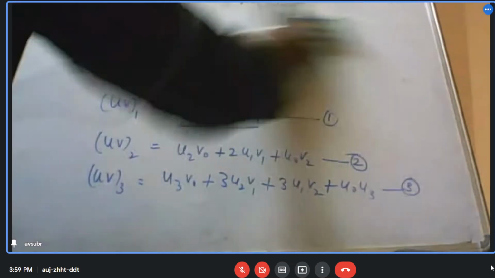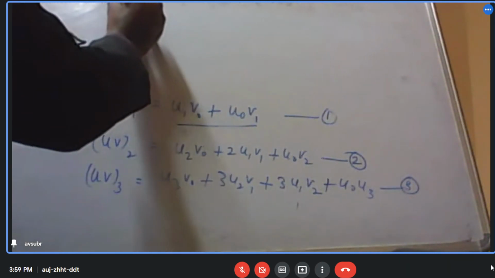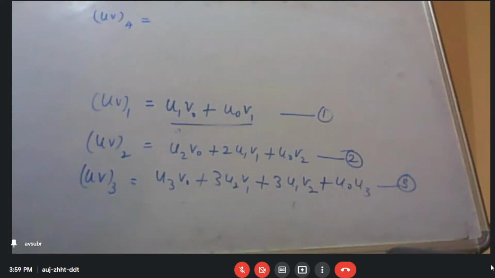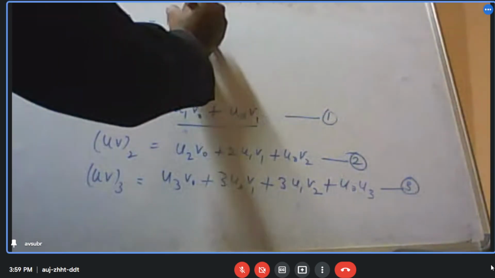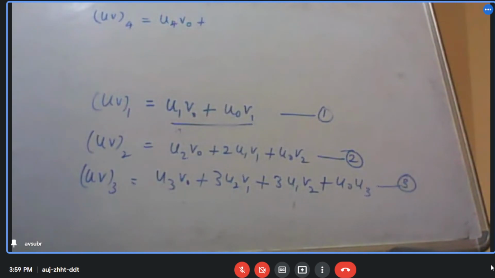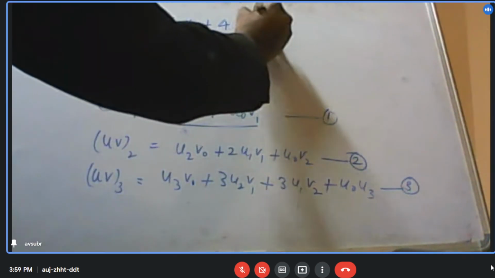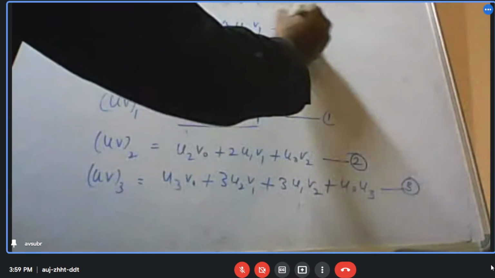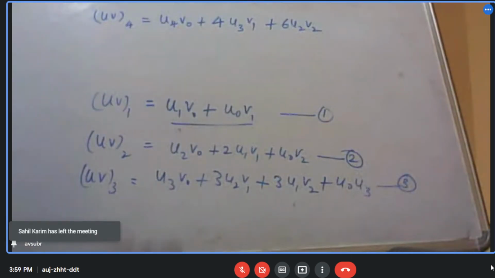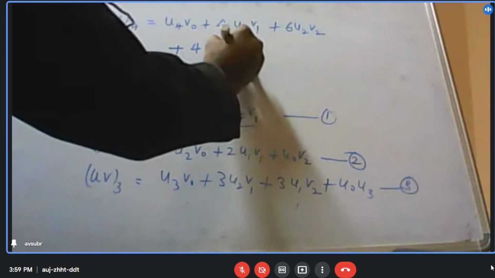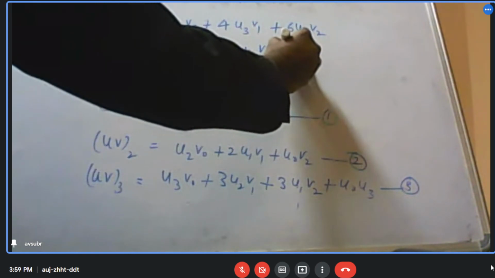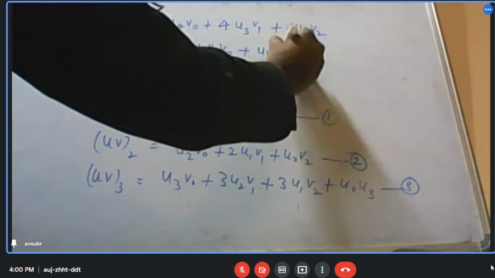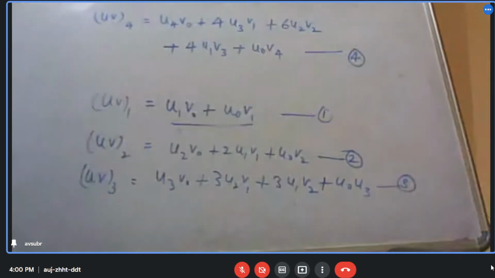One more, let us find the fourth derivative. It will be u4 v0 plus 4 u3 v1 plus 6 u2 v2 plus 4 u1 v3 plus u0 v4. This is equation number 4.